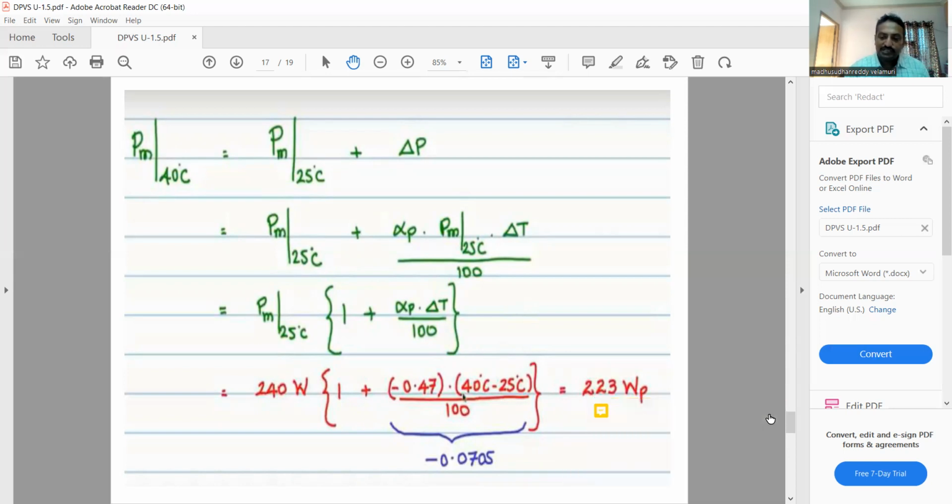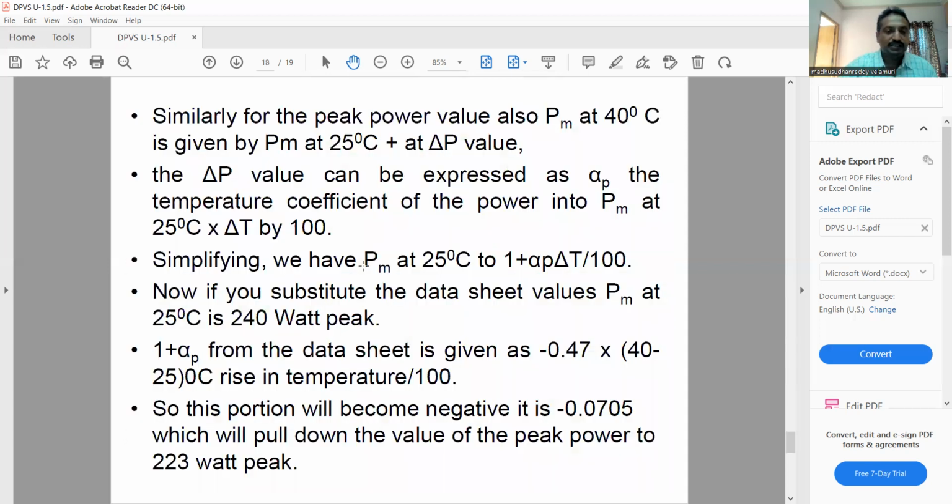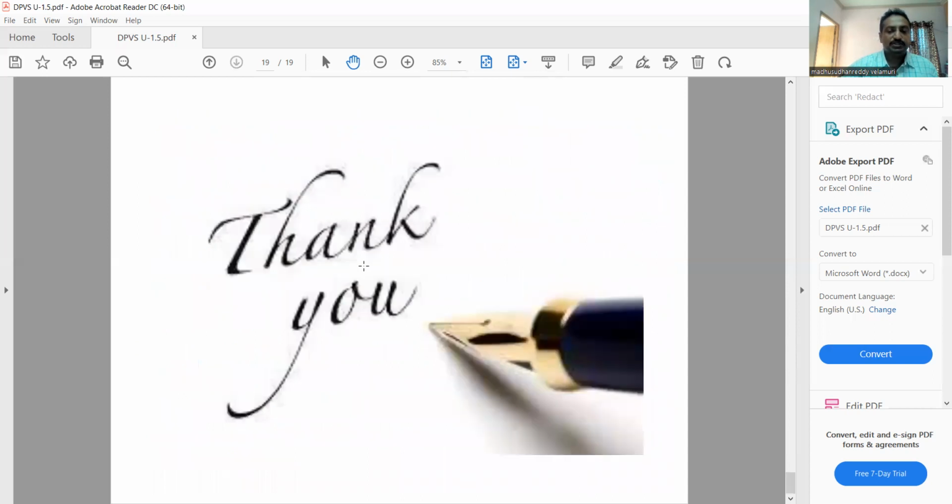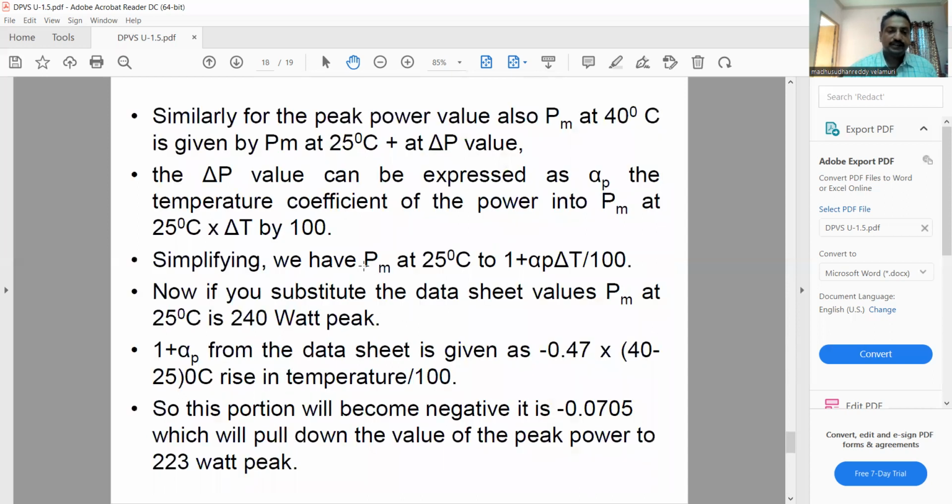So you can understand what's happened here. This is about how you obtain the changes when you change the temperature: what happens in the case of current, open circuit voltage, and maximum power. That is explained here. The delta P value, alpha P, and temperature, so the portion becomes minus.